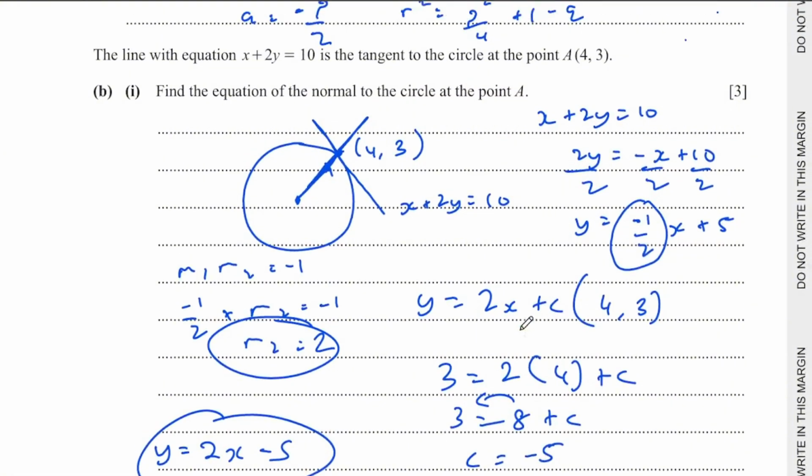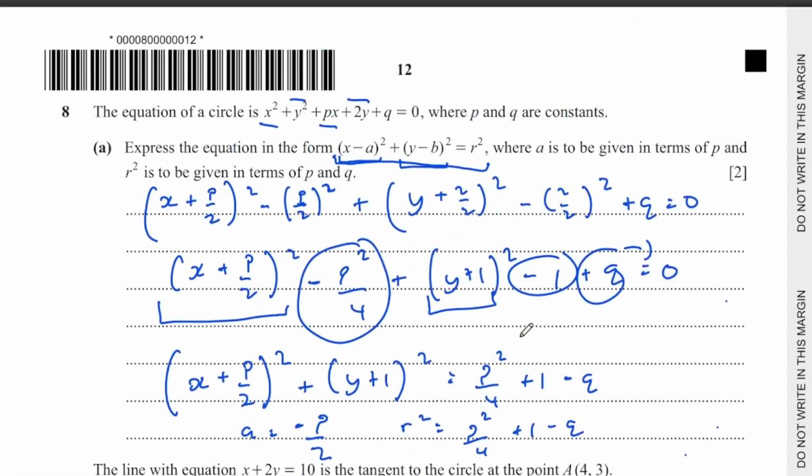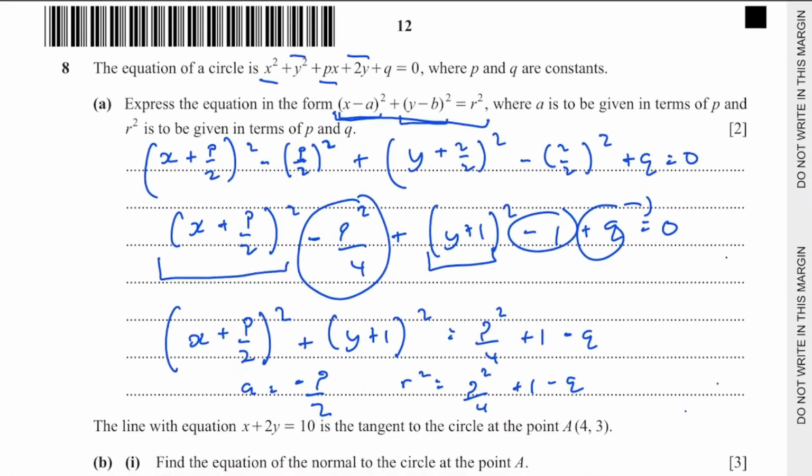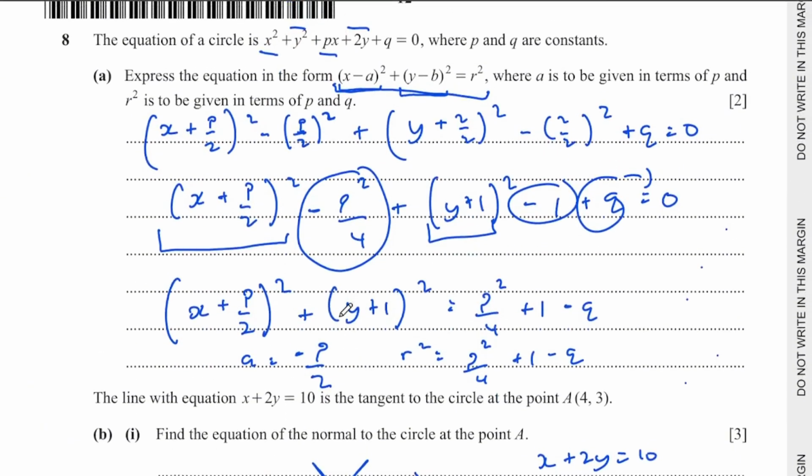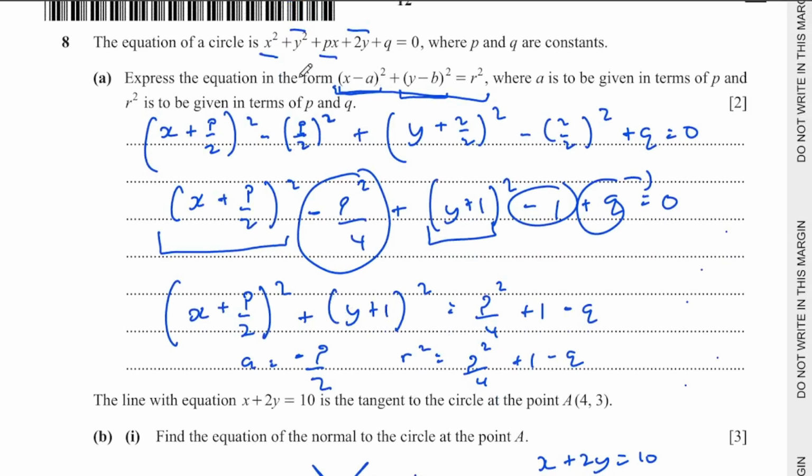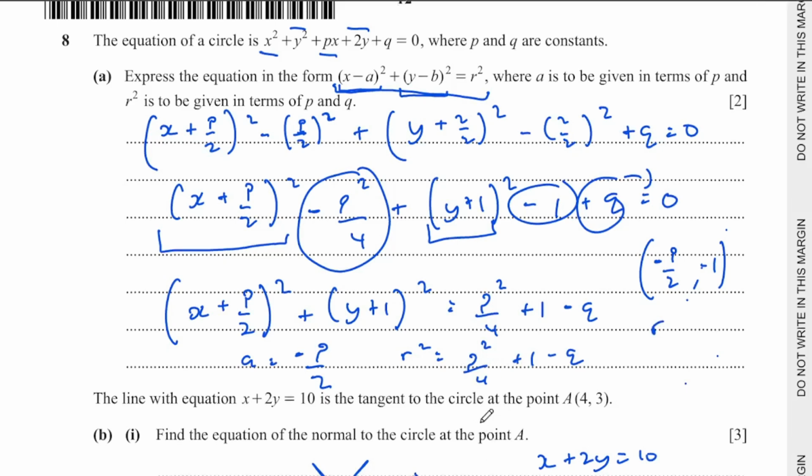So obviously we know that the center is just a, b from this. So the center for the circle is going to be negative p over 2 and negative 1, right? And the radius is just the square root of this entire thing.